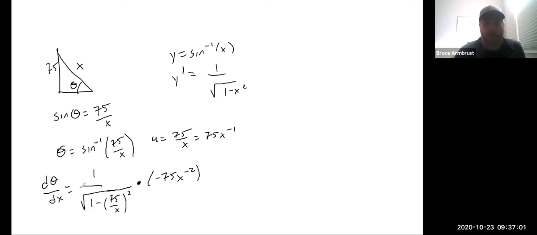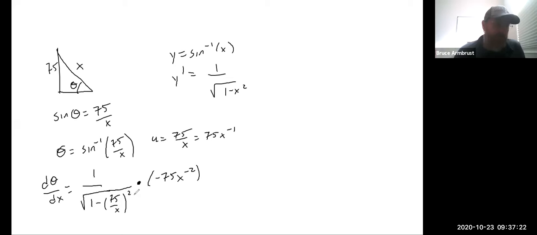So there's the derivative. This is telling us how the angle is changing as that length x changes. If we start letting x get longer, then theta is going to change according to this formula. If we let x get smaller, same thing.